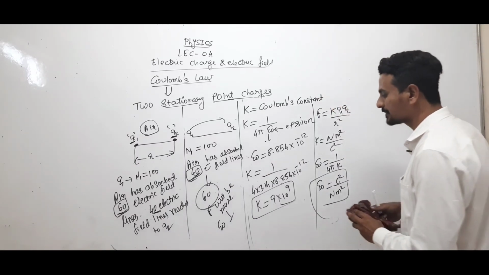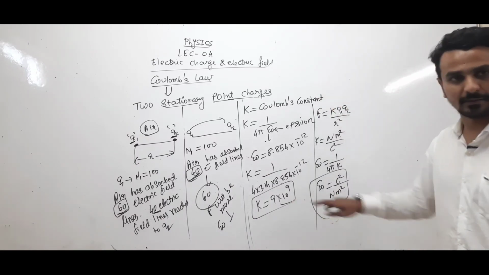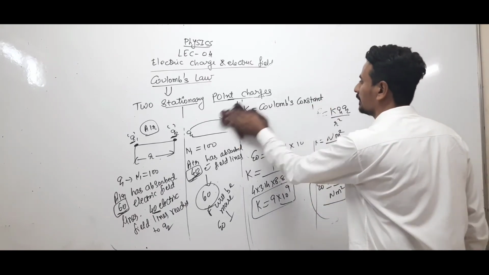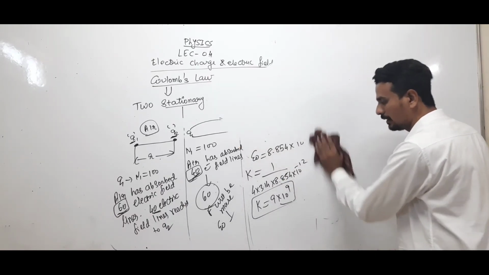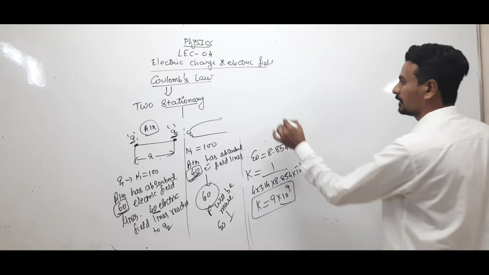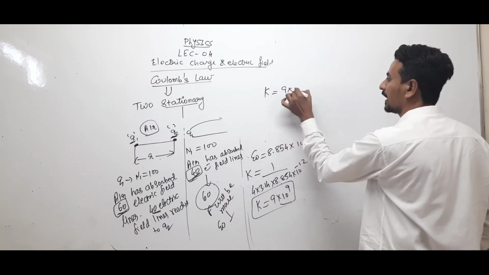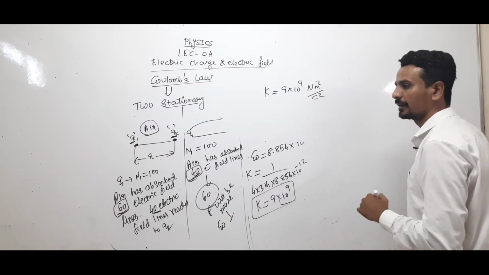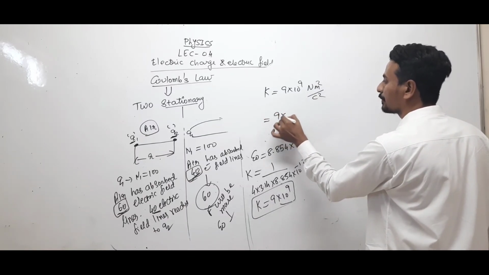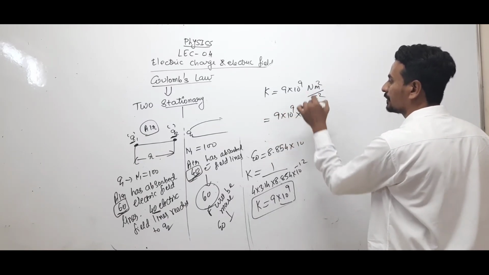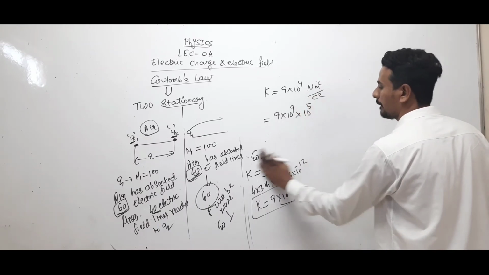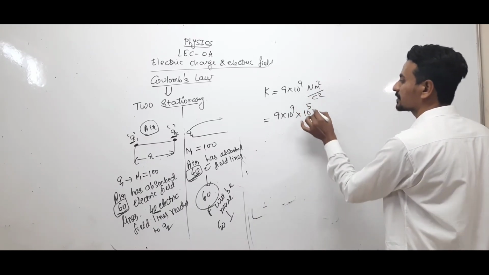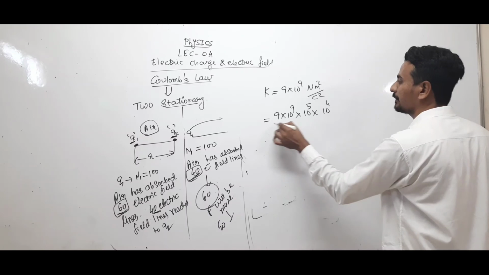The value of Coulomb's constant in CGS will be 1. That means, see, the value of K is 9 into 10 raised to 9 Newton meter square by Coulomb square, right? This is SI. Convert it into CGS: 9 into 10 raised to 9. Newton, so 10 raised to 5. Meter square, so 10 raised to 4 centimeter square.